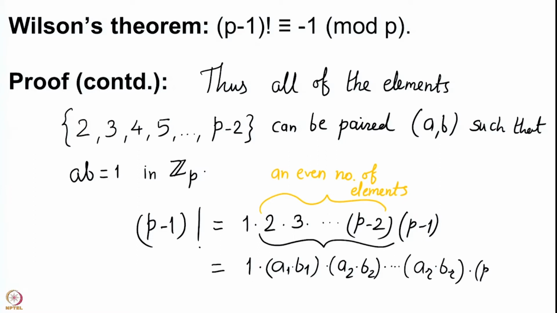and finally we have this last element p minus 1. Note that all these products are 1 and finally we are left with p minus 1. Now we are almost there.